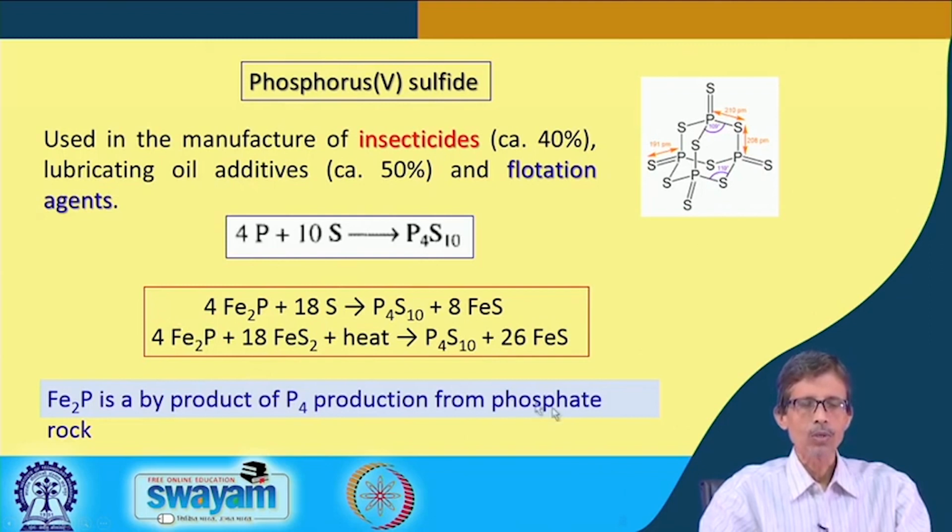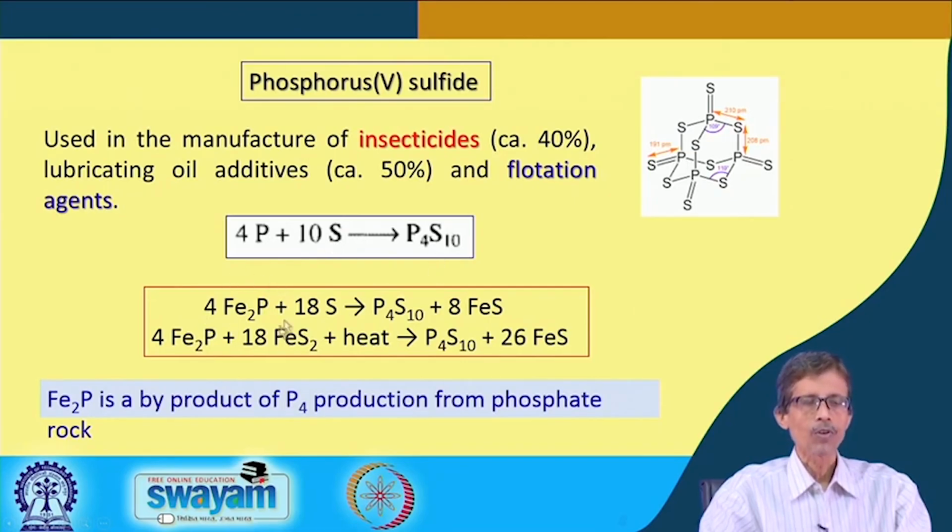As I told you, the typical phosphate rock can be utilized, and that phosphate rock can also be obtained from ferrous phosphide, the Fe2P type of molecule. These are all different types of solid-state molecules, and the molecular formula is Fe2P. By burning this phosphorus in the presence of elemental sulfur, we get this particular molecule.